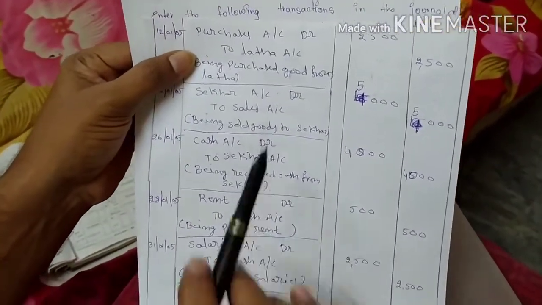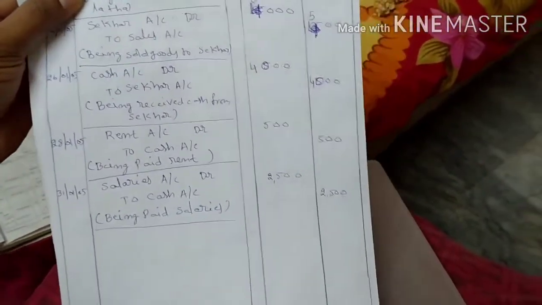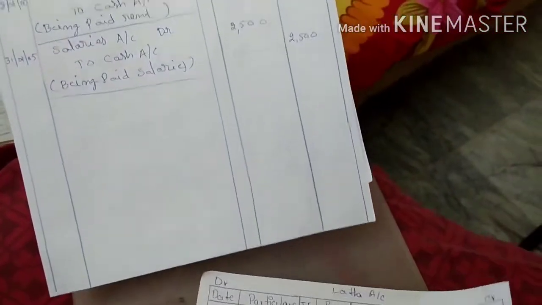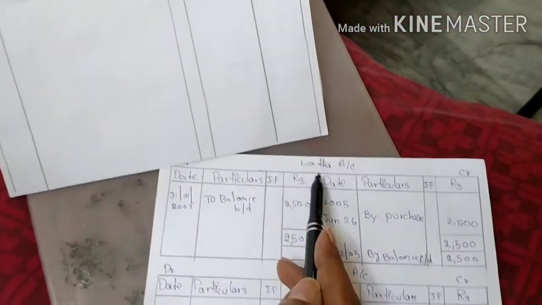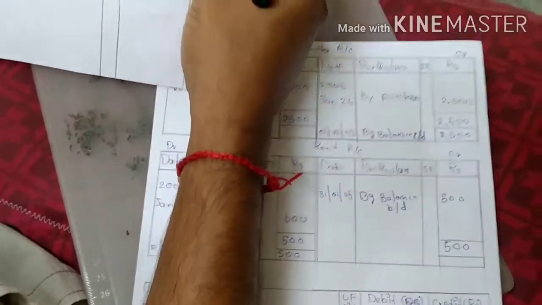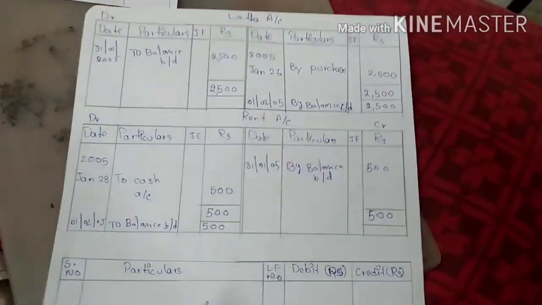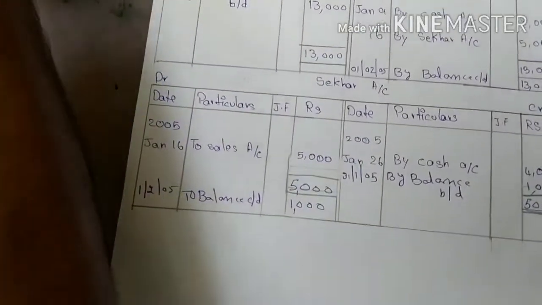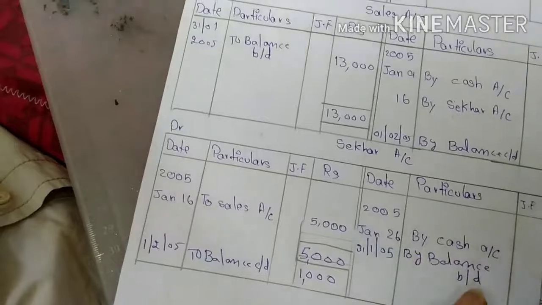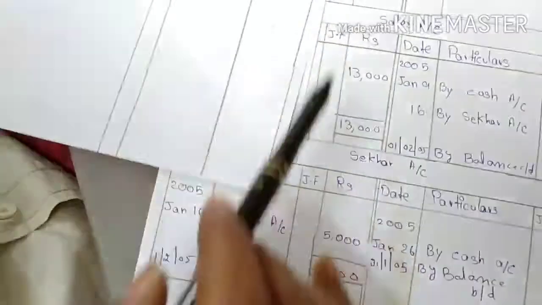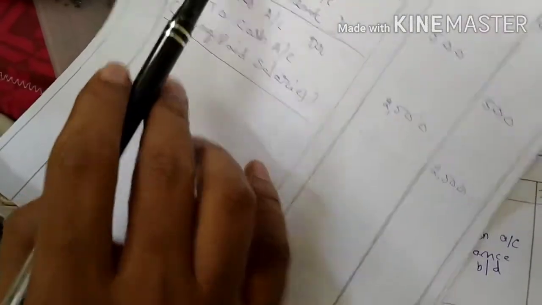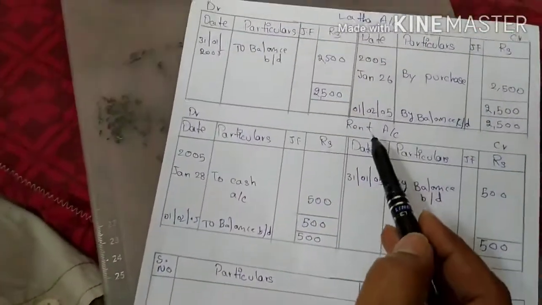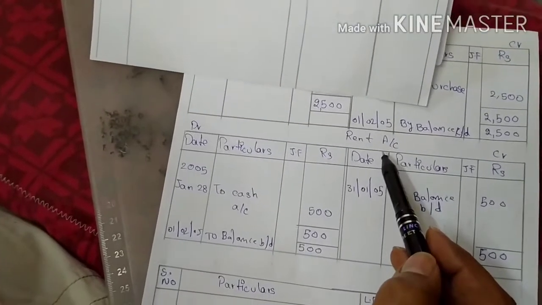Now the Lata account, we have prepared it. Next, the Shaker account, prepared here. After that cash, already prepared. Next the rent account, prepared here.